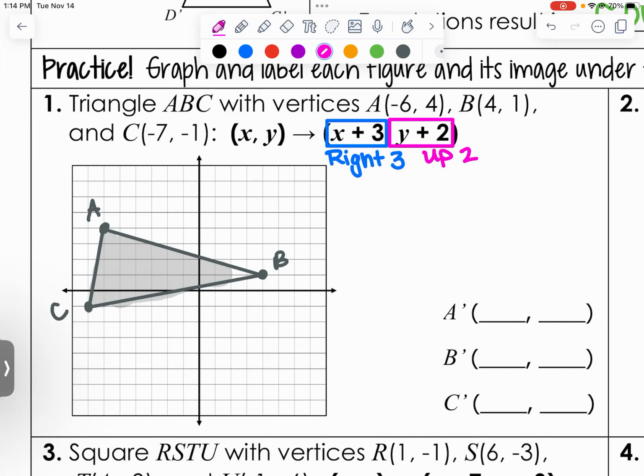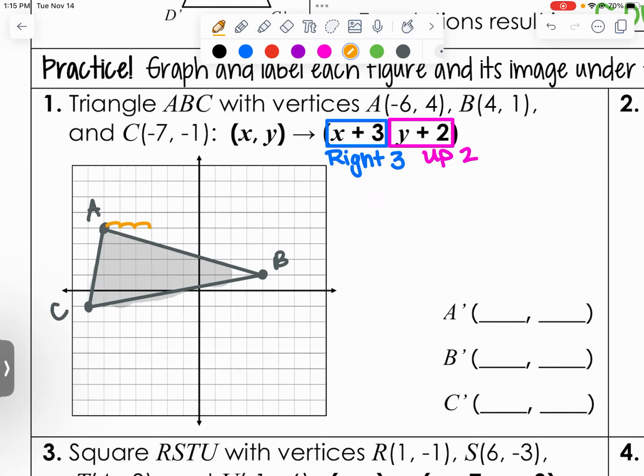Okay, I want everybody to take their pencil or whatever their writing utensil is. And I want you to put the very tip of it on the coordinate for A. Not on letter A, but the coordinate A. The dot. Okay, and what we're going to do is count from this dot, right 3, up 2. Are you ready?